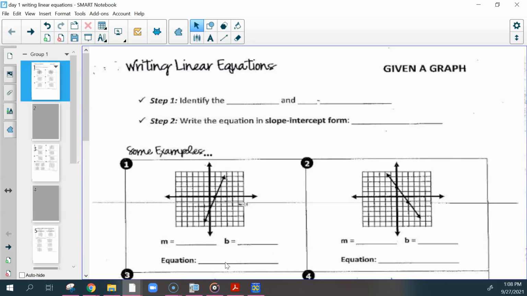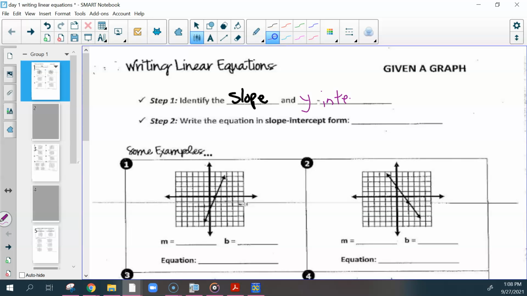Alright, so the first part of this is finding the slope, finding the y-intercept, and putting those two together in our equation. So, identify the slope and identify the y-intercept.